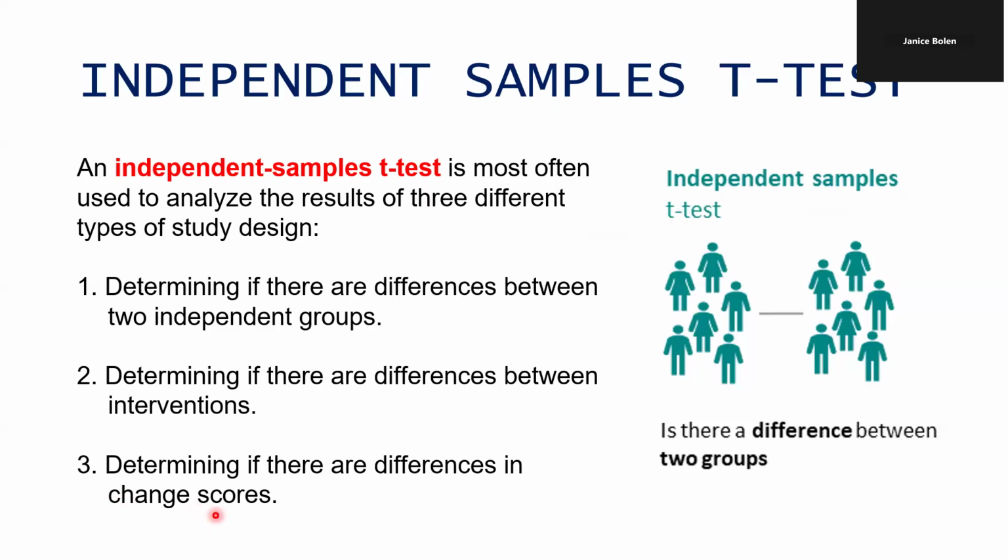For group A, I'm going to get the difference in their pre-test and post-test scores, and that would be the change scores of group A. I'll do the same with group B, and that would be the change scores of group B. And I will compare the change scores of the two groups. In these scenarios, we can use independent samples t-test provided that we have also met other assumptions for the use of this test.